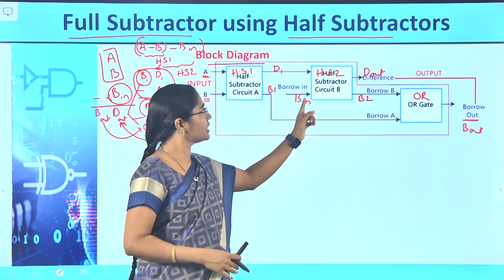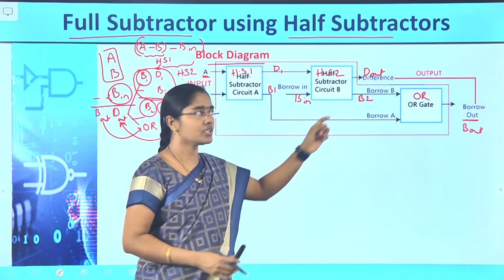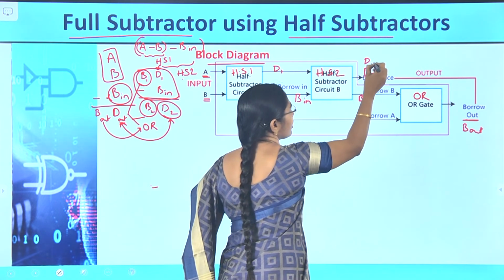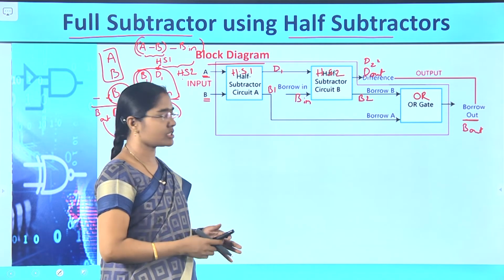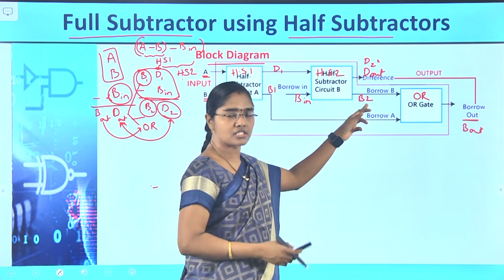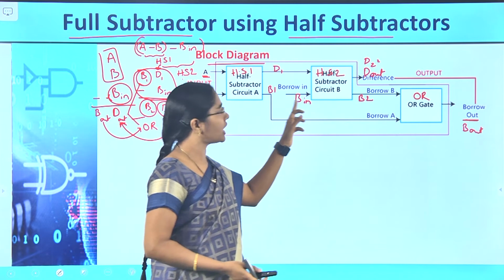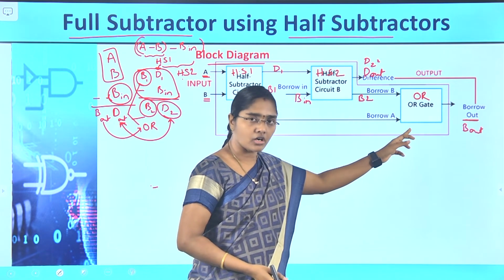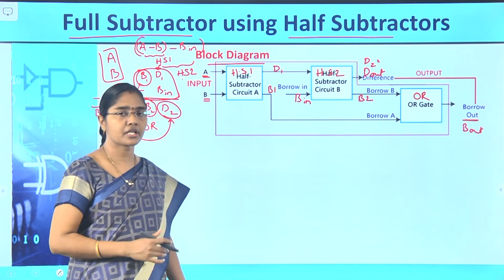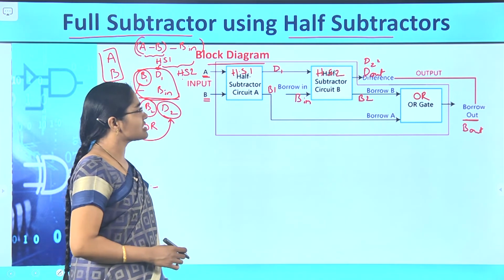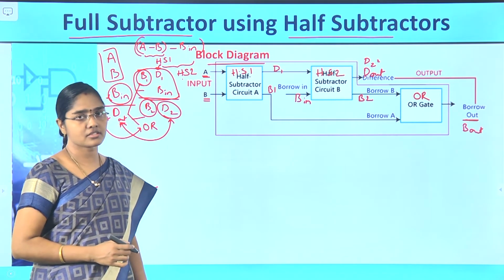With B in and D1 applied, it produces D2 and B2, where D2 is the actual final output D out, the difference of the full subtraction operation. B2 is the borrow from the second subtractor and B1 is the borrow from the first subtractor. These are given to the OR gate so that the final B out is generated for the full subtraction operation. So this is the block diagram implementation of a full subtractor using half subtractors.